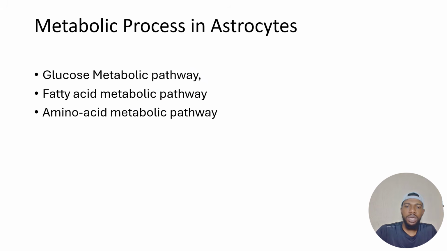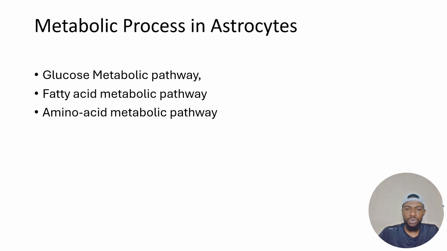Here we are going to focus on the metabolic processes that are associated with astrocytes. Most importantly, we have the glucose metabolic pathways, the fatty acid metabolic pathways, and the amino acid metabolic pathways.